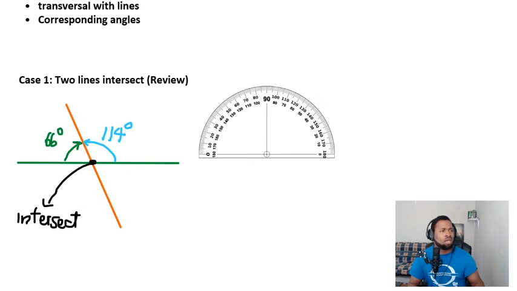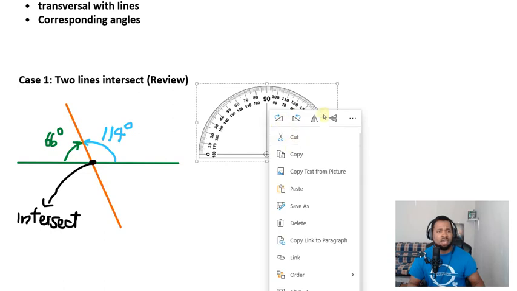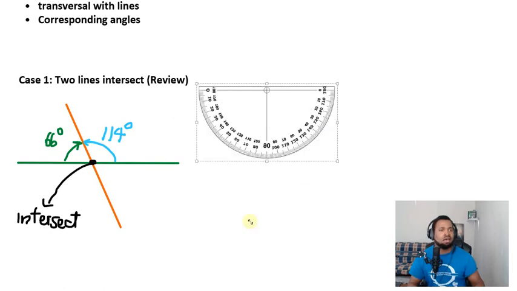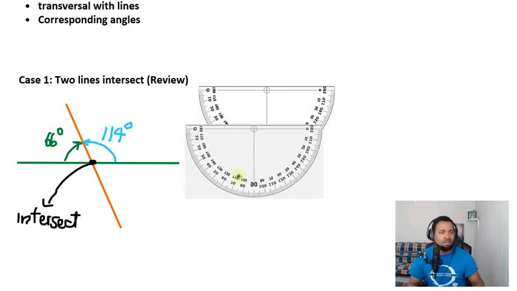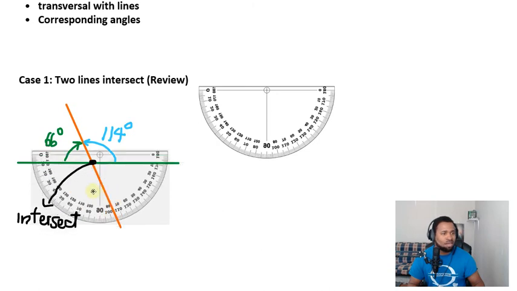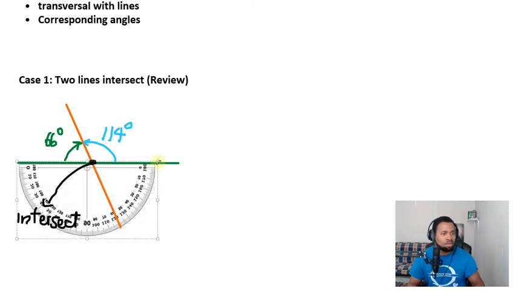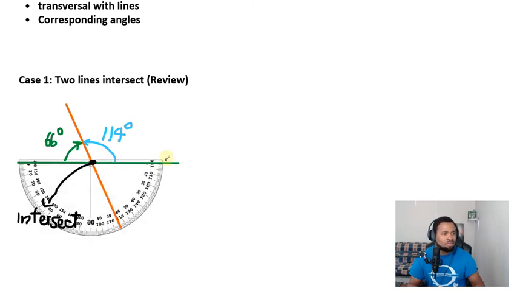A good way to go about it is to flip our protractor in this other direction. By rotating your protractor and lining it up as we did in our previous step, we see that the angle made from 0 all the way to here is also 114.